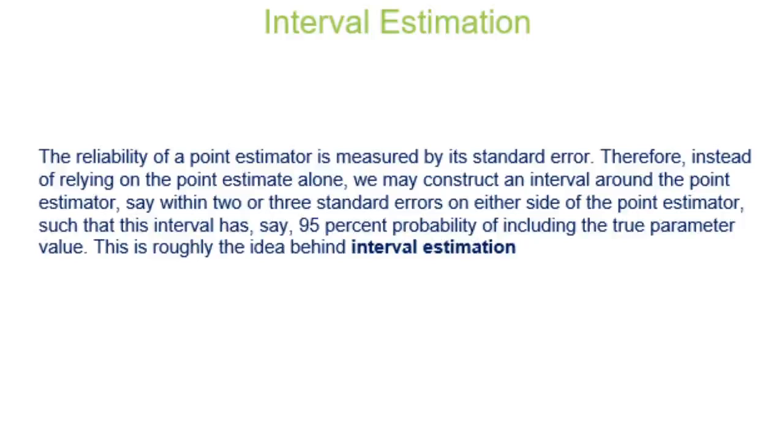Instead of relying on this single point, we can construct an interval around the point estimator, within 2 or 3 standard errors on either side of the point estimator, such that this interval has 95% probability of including the true parameter.